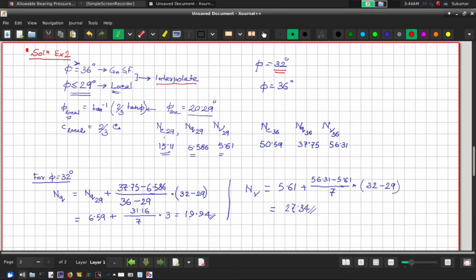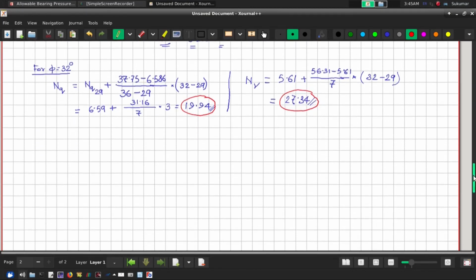Remember this. Now I will use these values of NQ and N gamma for finding the net ultimate bearing capacity, and that I can do pretty easily.